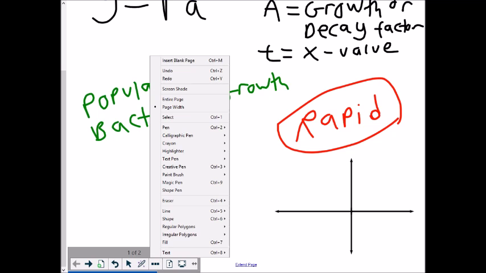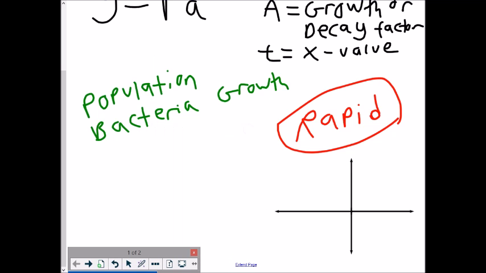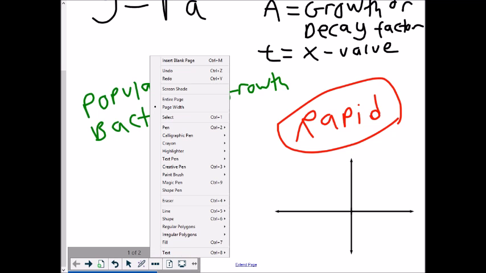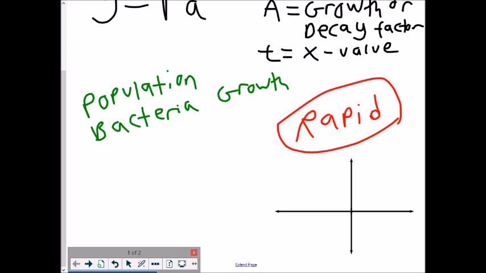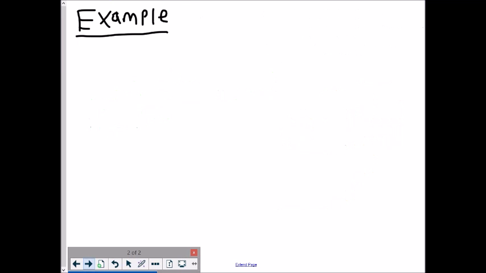This is what an exponential graph looks like. Let me do it in red so you can see the point better. You start having very little change, very little, and then it just starts going up. It's more curvy, but that is basically what it is. Okay, so let's do an example.